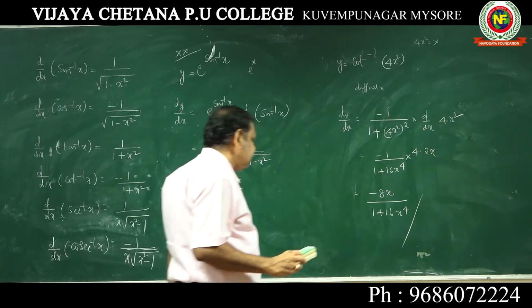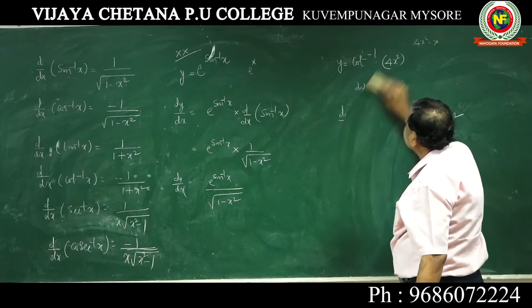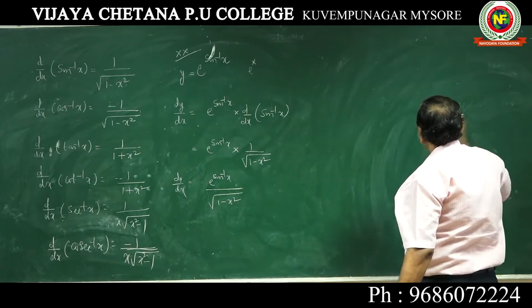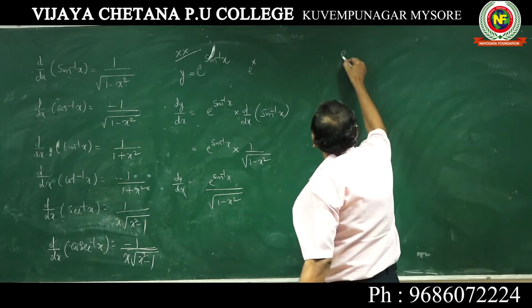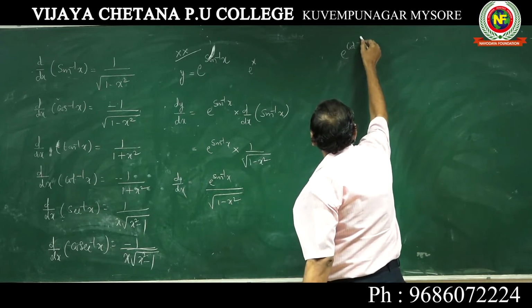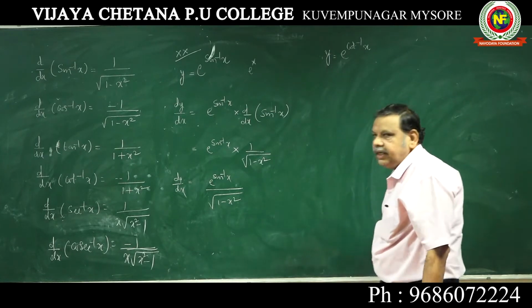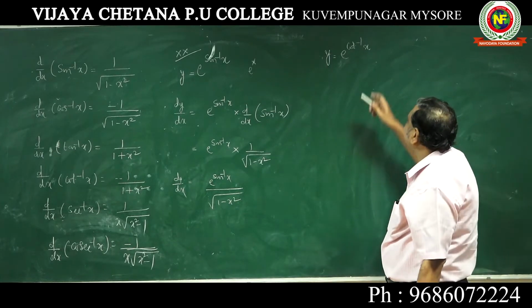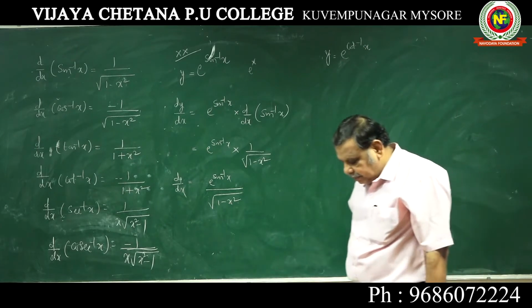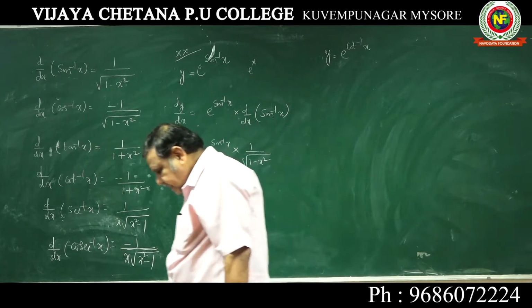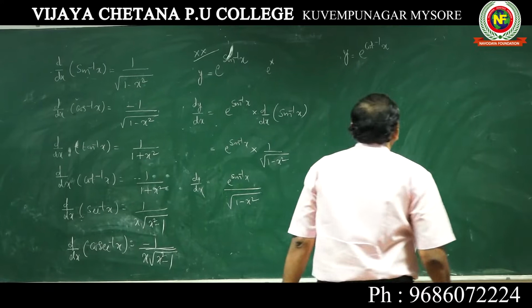One more we will do. Now, e to the power of cot inverse x. Suppose they ask e to the power of cot inverse x, take it as y. This cot inverse x is nothing but x, and e power x differentiation is e power x, that is e to the power of cot inverse x into d by dx of cot inverse x.